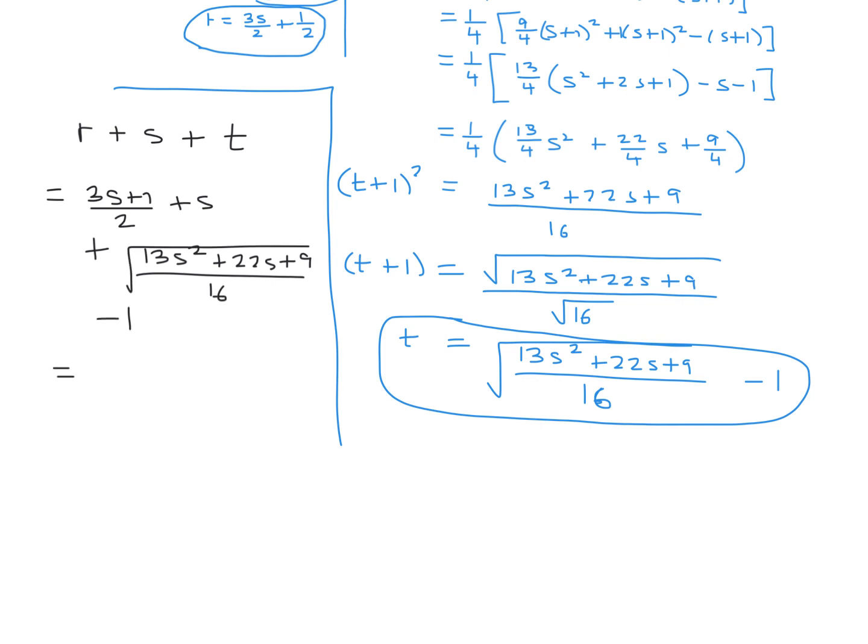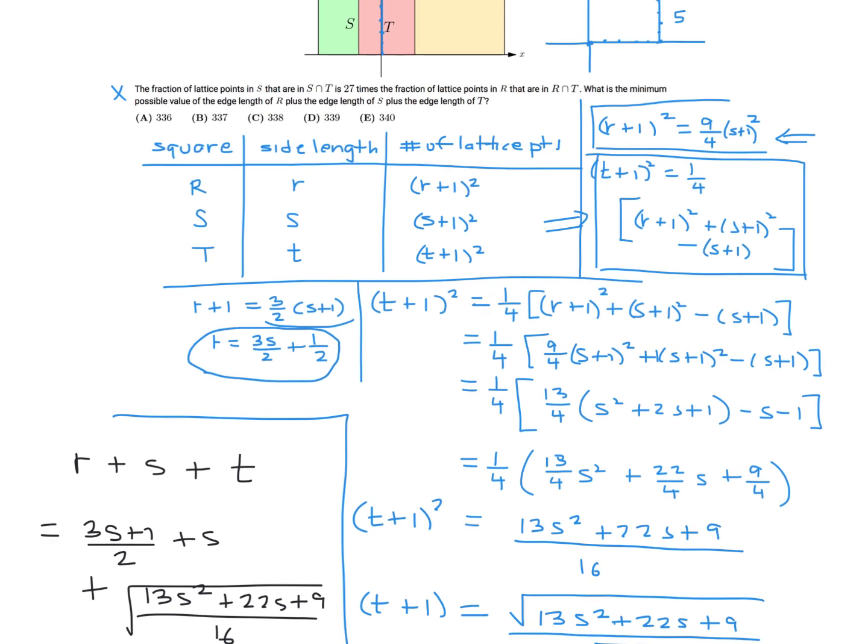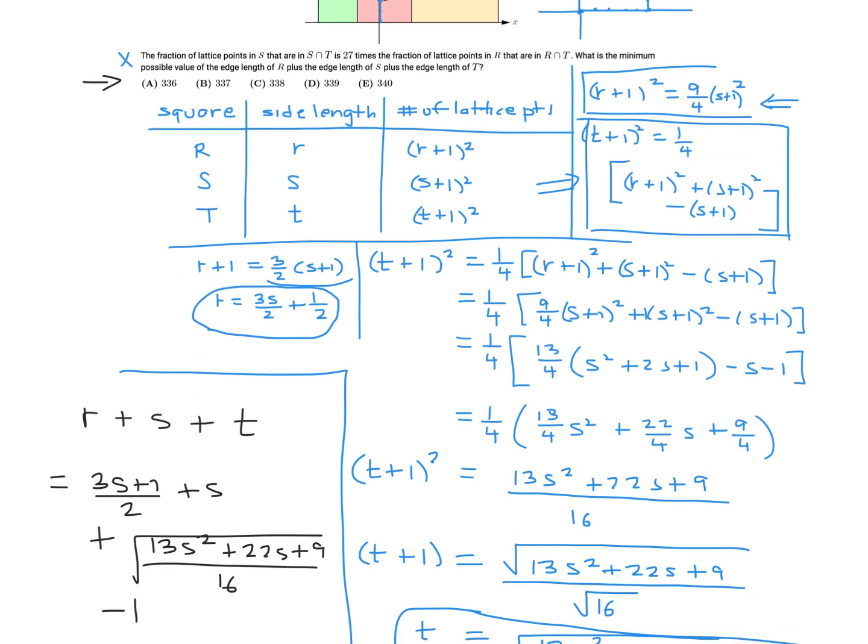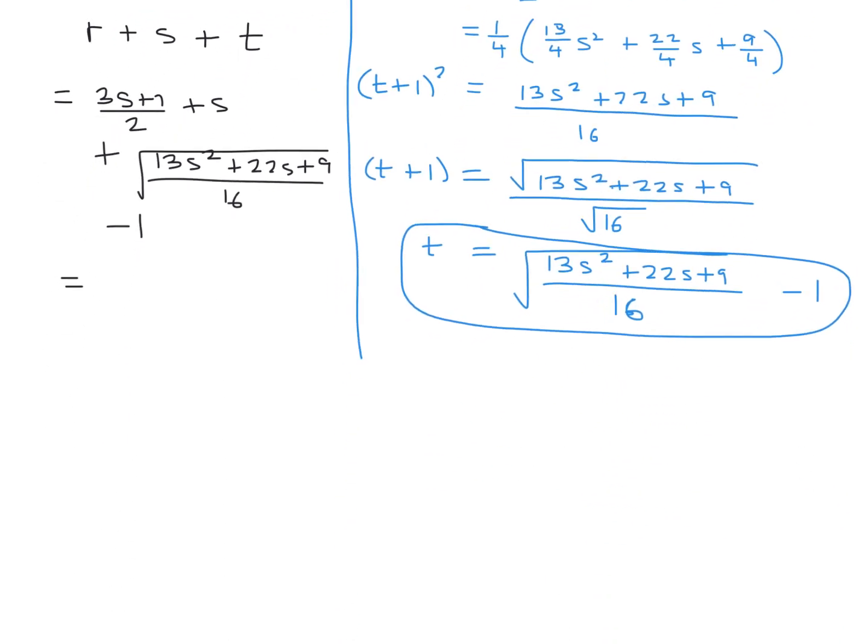Okay. So now we're going to approximate, because the answer choices are very similar. They range by 1 each. So we want to approximate.